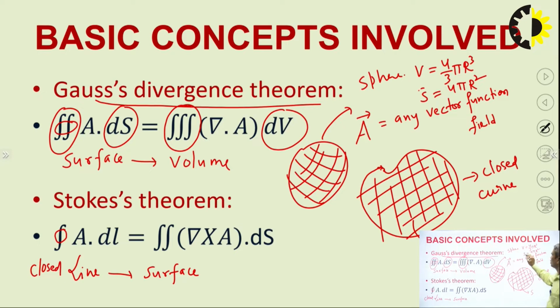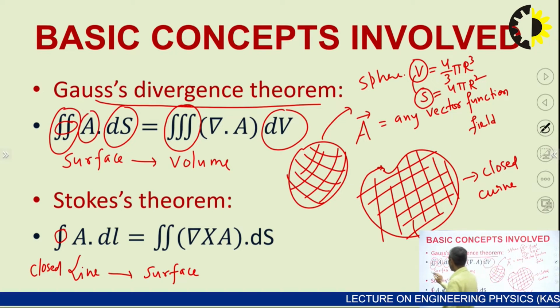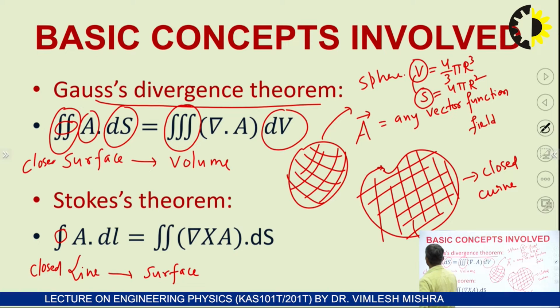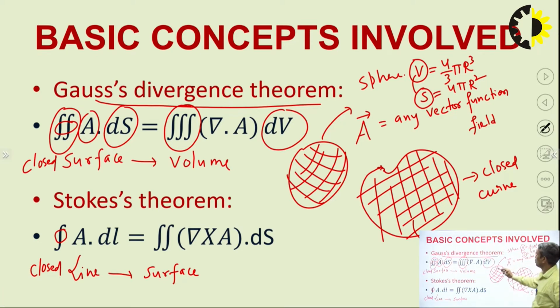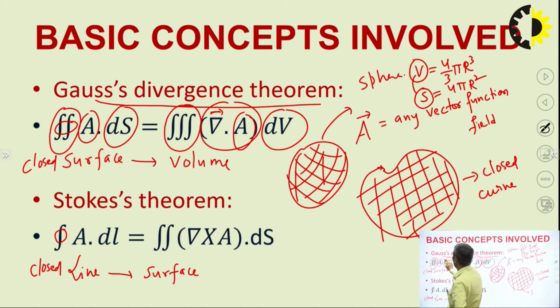So this surface is related to this volume uniquely, and if we integrate any vector field over any closed surface, and the volume enclosed by that closed surface, if we integrate that same vector field, this integration, taking this divergence, is simply A·ds, but here ∇·A dv.